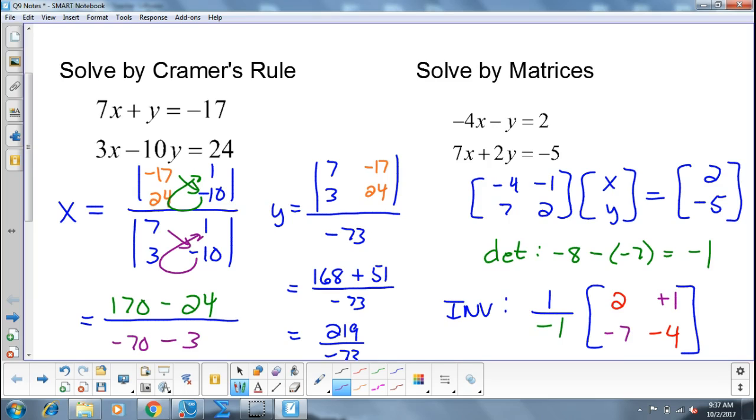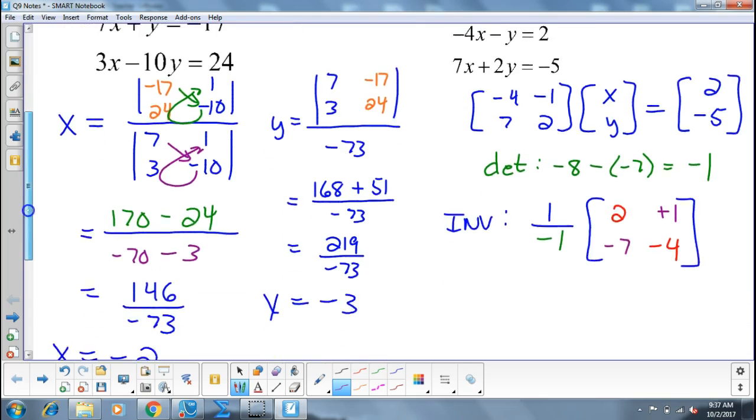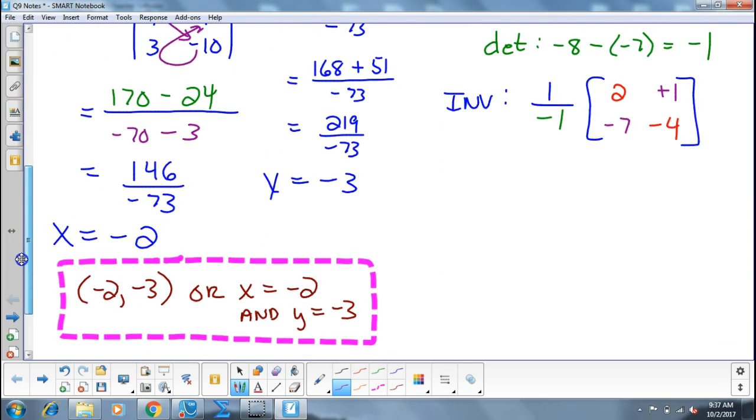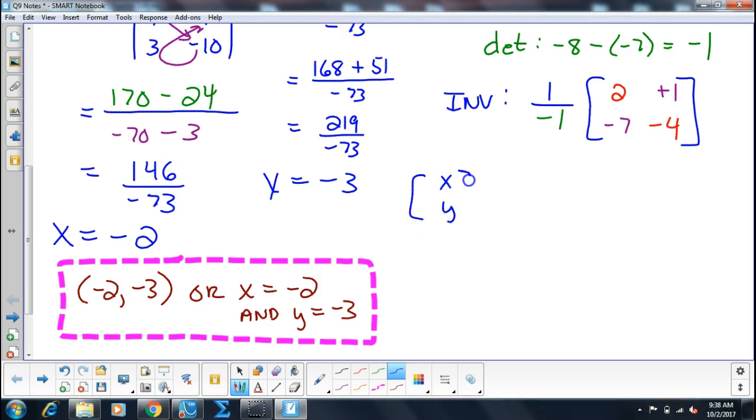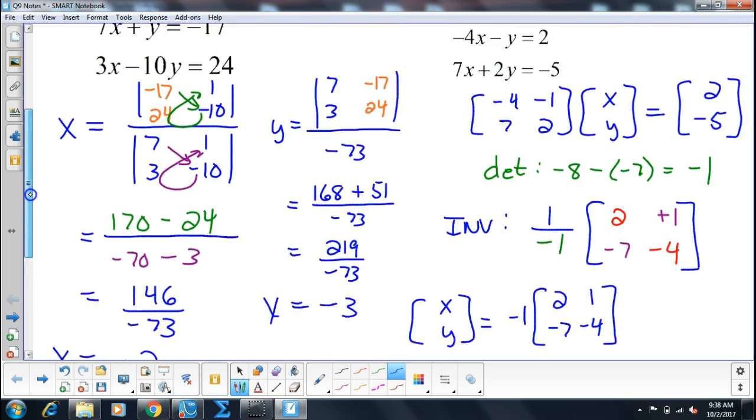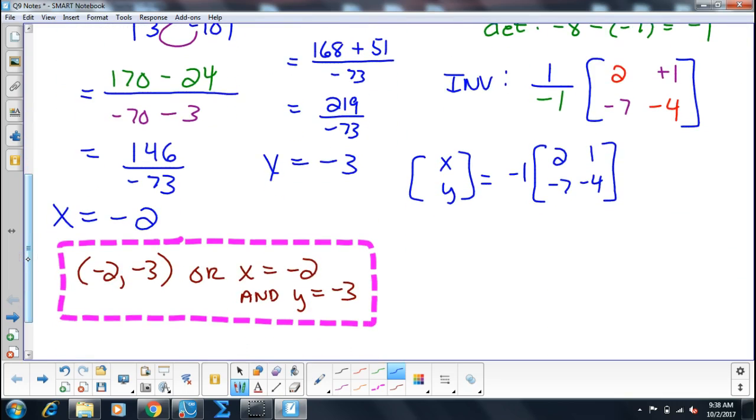So that's my inverse. And then I can solve for my variable matrix by multiplying my inverse matrix by my constant matrix, which was 2 and negative 5.